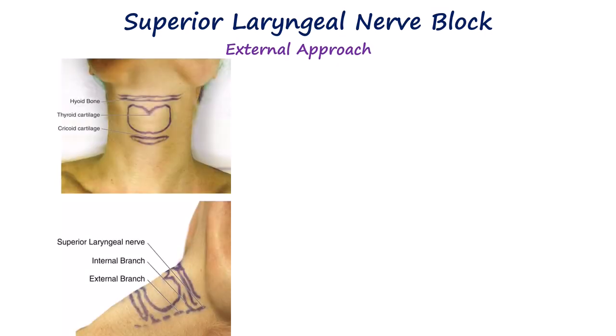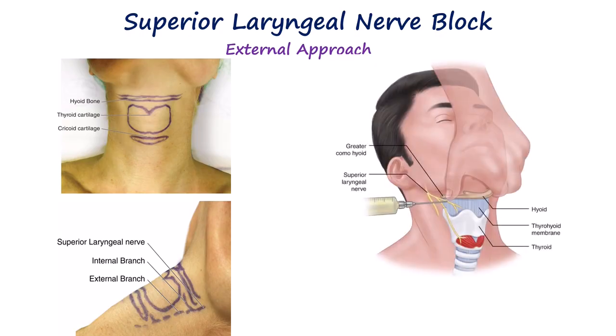The superior laryngeal nerve can be blocked using the external or the internal approach. To perform the block using the external approach, the patient is placed in a supine position with some degree of neck extension to facilitate identification of the hyoid bone. Once identified, the hyoid bone is gently displaced to the side where the block is to be performed, and a 25 gauge needle is inserted from the lateral side of the neck, aiming towards the greater cornu.